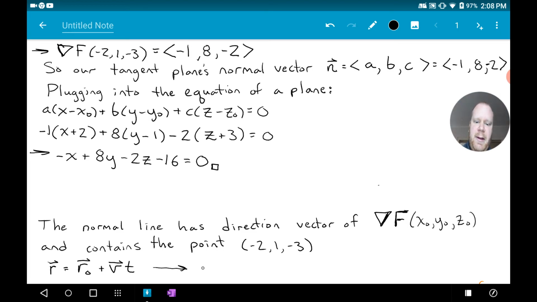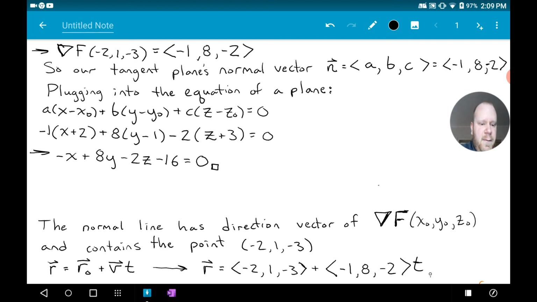So plugging everything in, our line is going to be equal to this vector, -2, 1, -3, plus our direction vector that we found up here, that's -1, 8, -2 times t.